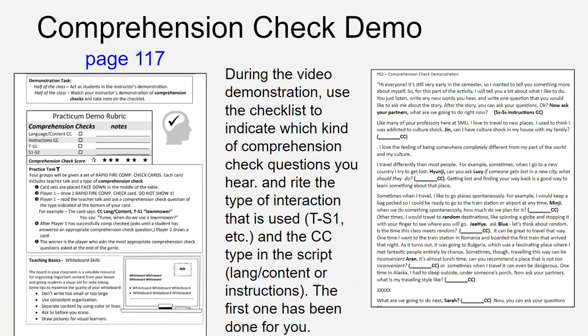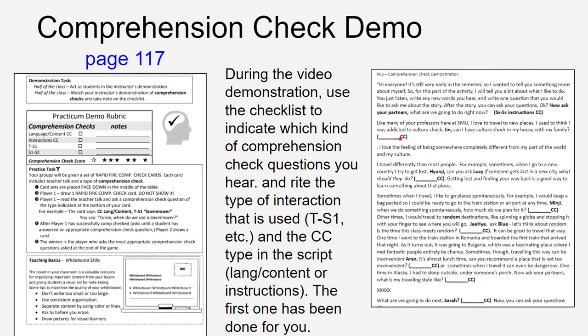Now, in the next part of this video, you're going to see a demonstration of various kinds of comprehension check questions in context. And to do that, I will show you my video. And as you are watching this video, please indicate in the handout which has been attached to this Google Classroom post what kind of questions are being asked.